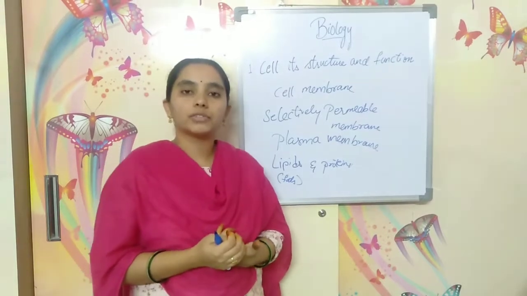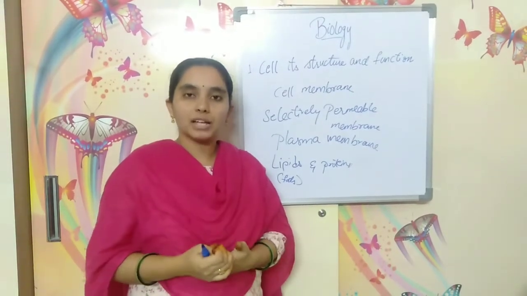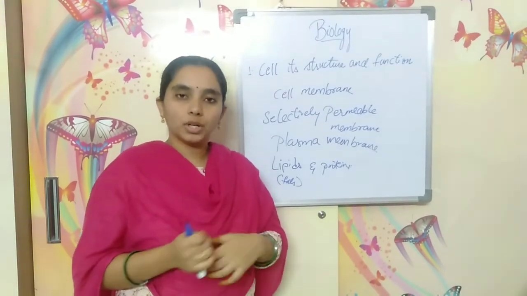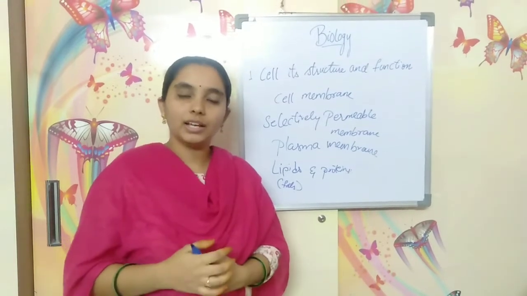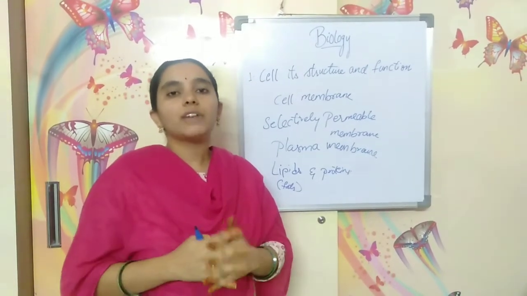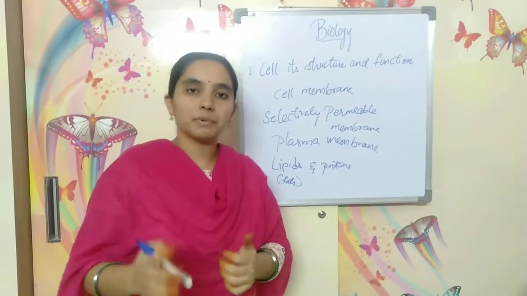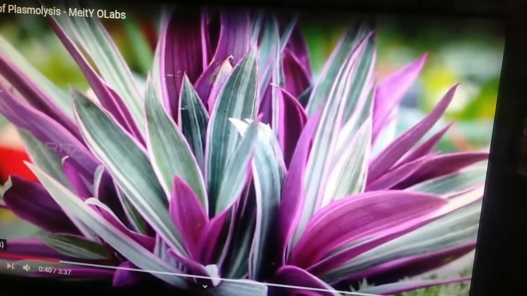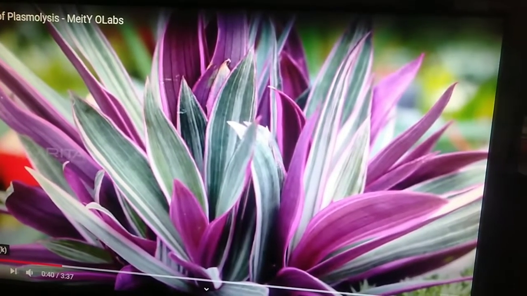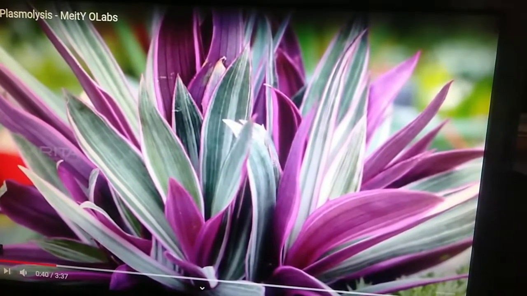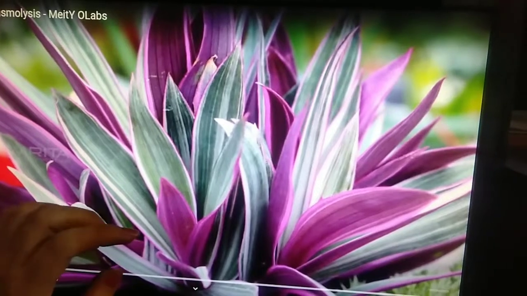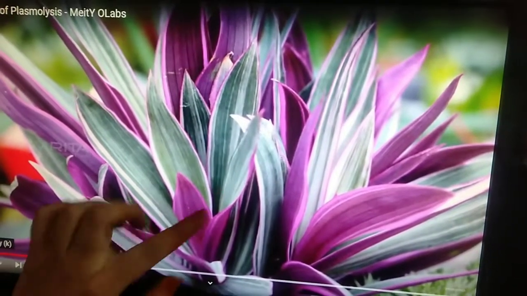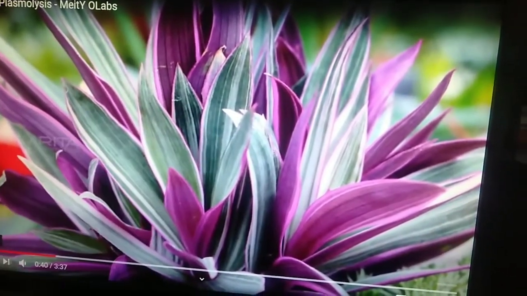What do you have to do to observe the plasma membrane? Now I am going to demonstrate that activity to tell you the function of the plasma membrane. To observe the cell membrane, we have to observe the cells of the Rhoeo leaf. This plant is called the Rhoeo plant.